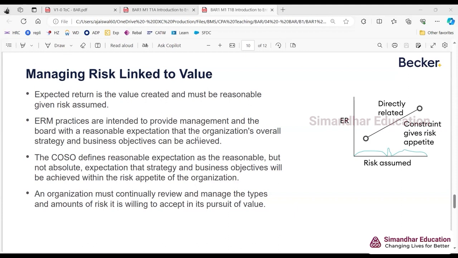If Bitcoin is risky or the share market is risky, are we always going to get higher returns? Yes or no, guys? Vishwadeep says yes. So it's a big no, right?